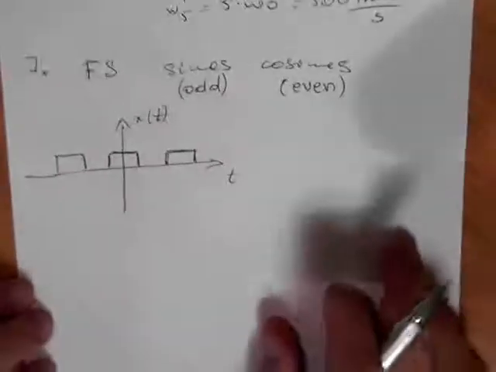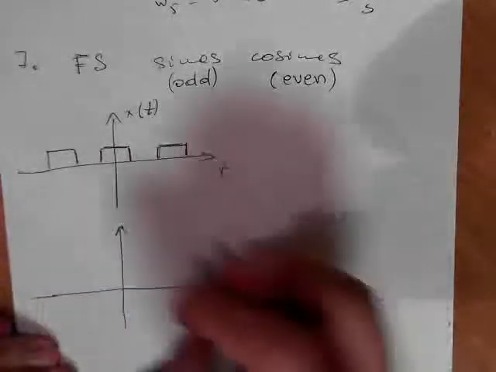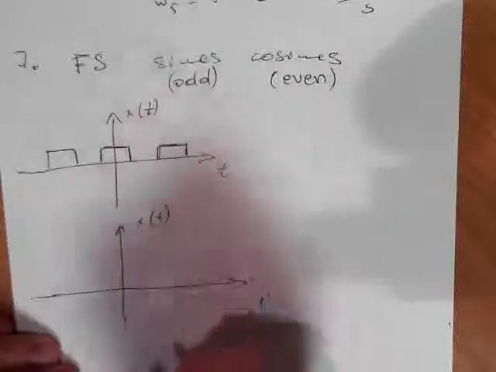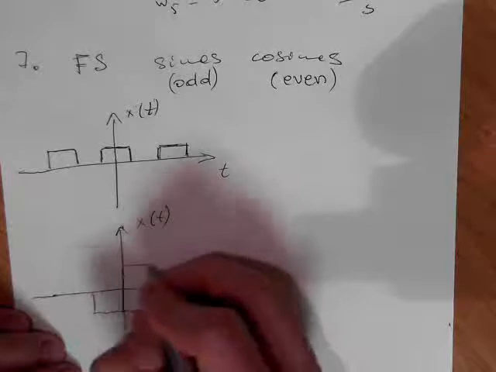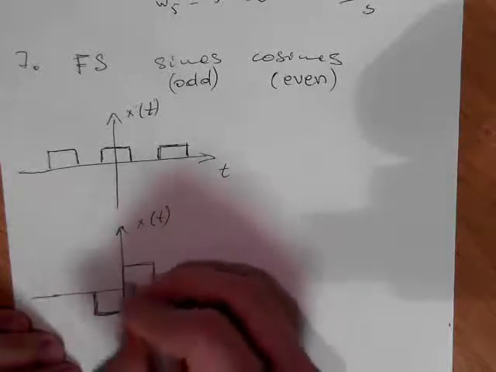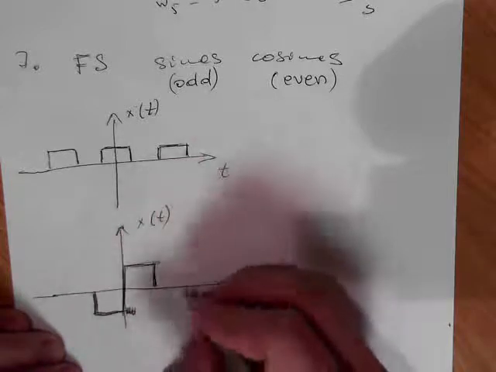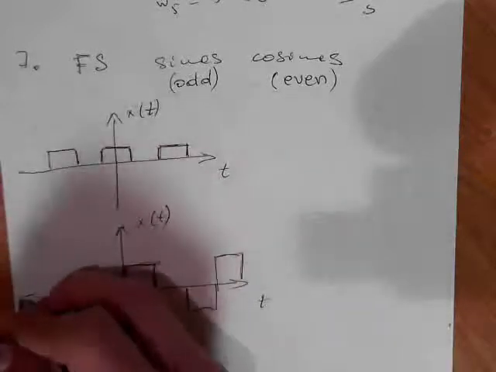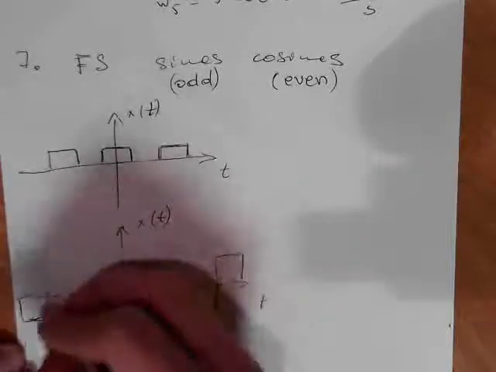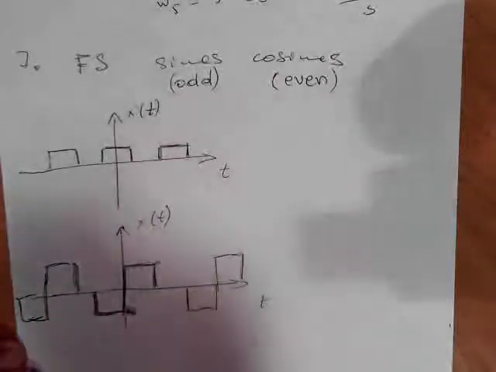Now what is an odd signal? An odd signal looks like sine, so this would be an example of an odd signal.